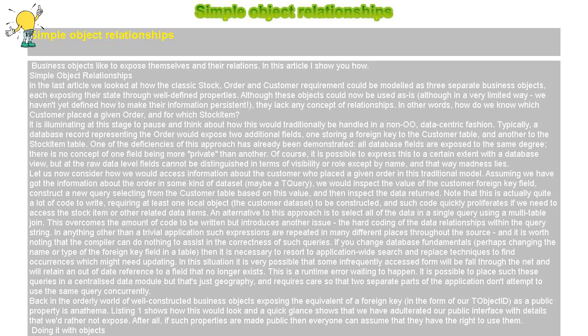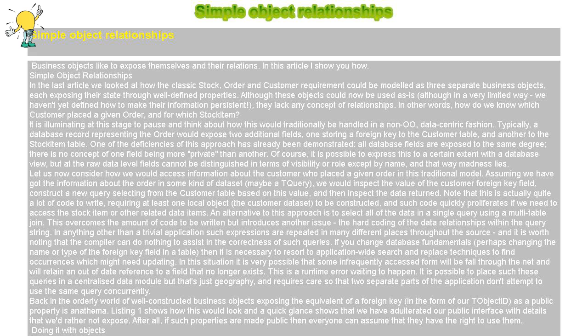Simple object relationships. In the last article we looked at how the classic stock, order, and customer requirement could be modeled as three separate business objects, each exposing their state through well-defined properties.